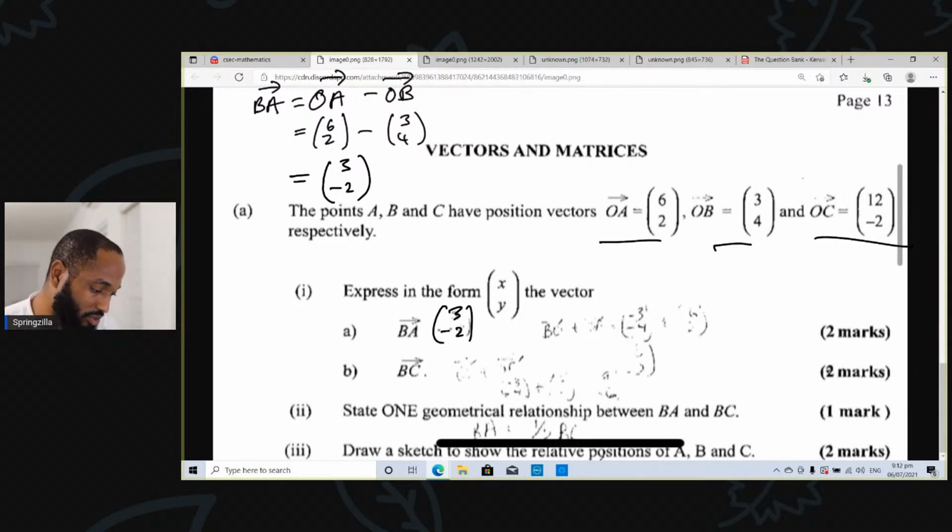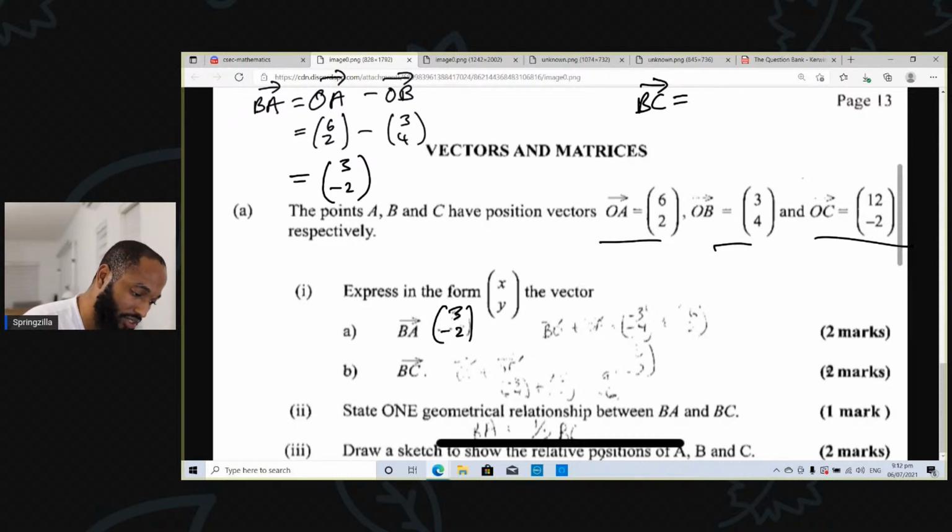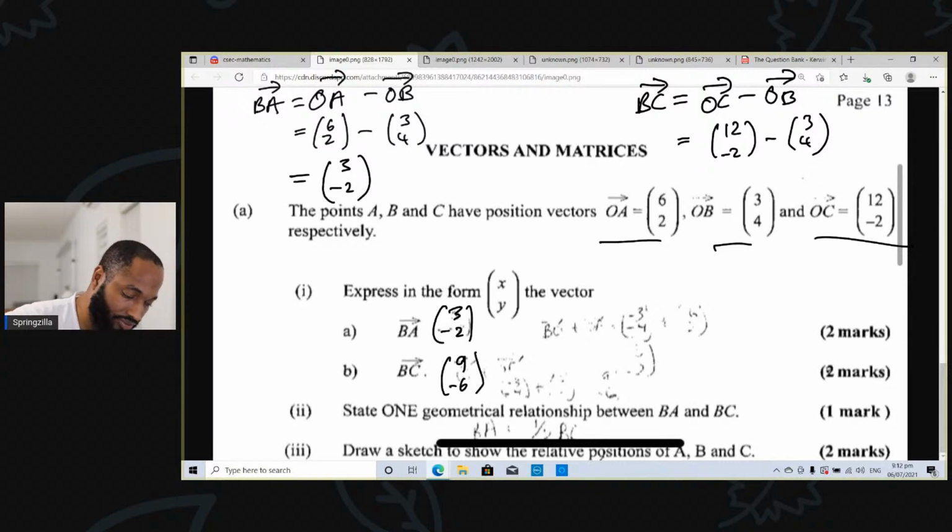BC, you do a similar thing. So BC is going to be OC minus OB. I have a full explanation on vectors on my channel, look it up. So 12, negative 2 minus 3, 4. BC is going to be 9, negative 6.